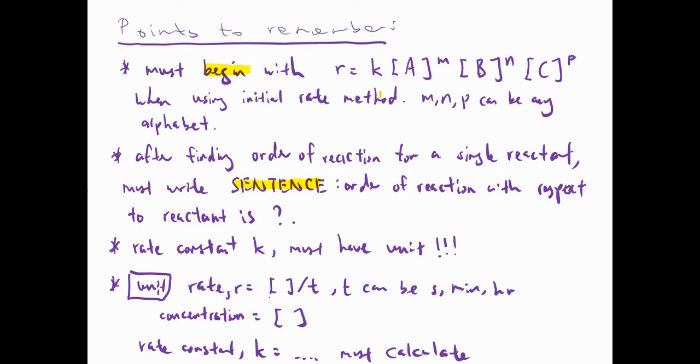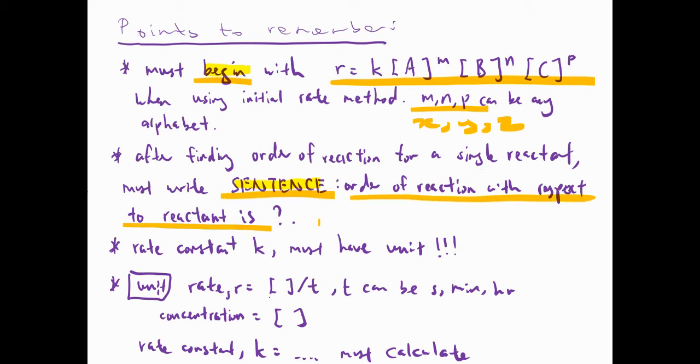Now, points to remember. For the initial rate method, always begin with the rate law. You can write m, n, p, you can write x, y, z, up to you. Then after finding the order of reaction for a single reactant, remember to write the sentence: the order of reaction with respect to the reactant is whatever you got from your calculation.